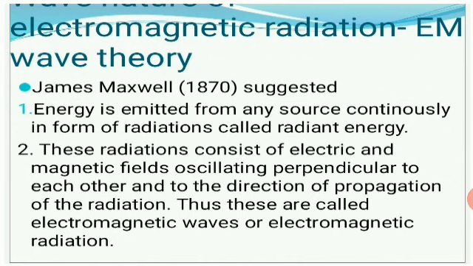So the energy emitted from any source continuously in the form of radiation is known as radiant energy. These radiations consist of electric as well as magnetic fields oscillating perpendicular to each other and to the direction of propagation of radiation. Therefore, these are called electromagnetic waves or electromagnetic radiations.